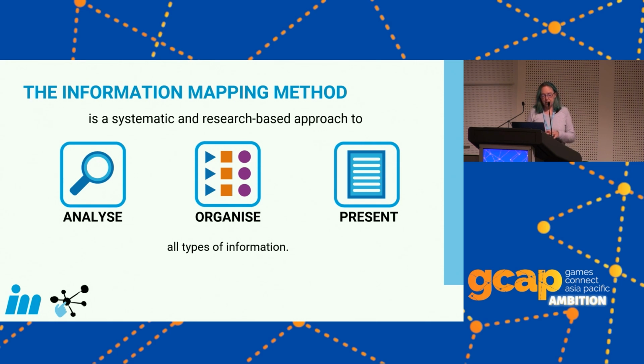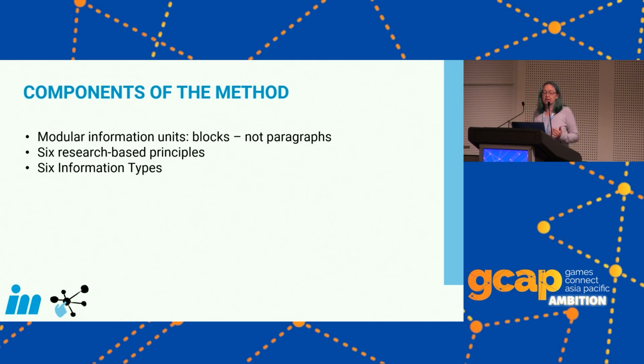And he came up with what he called the information mapping method to analyze, organize, and present all kinds of information in a structured and systematic way, so always the same. And there's 3 big things in that method.